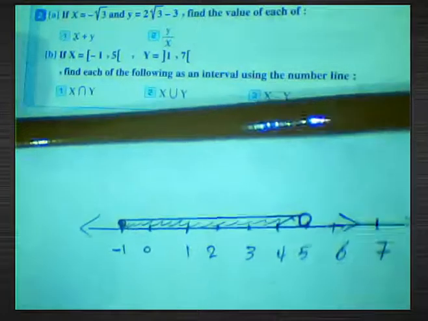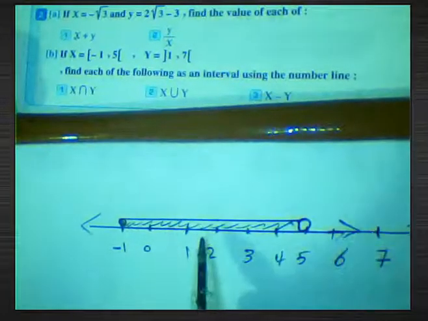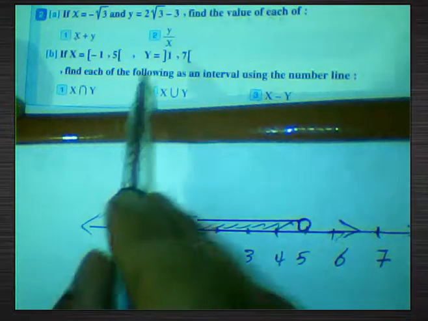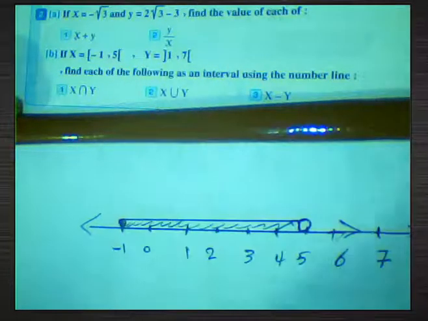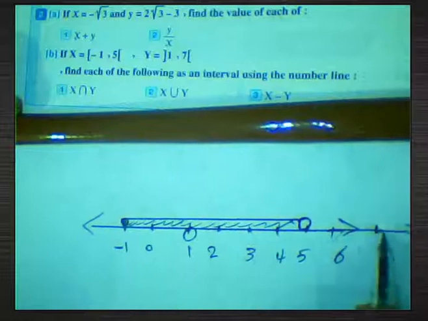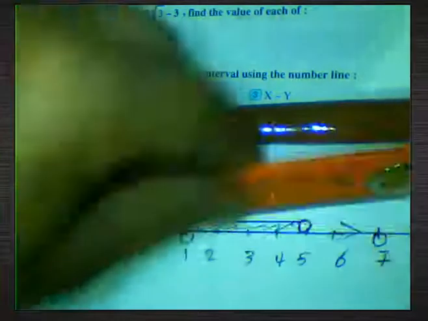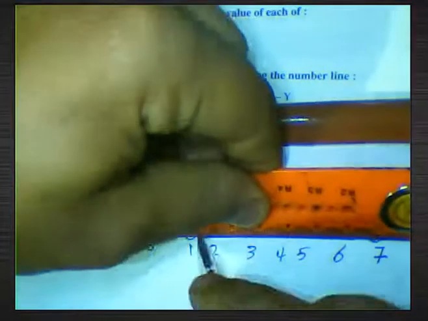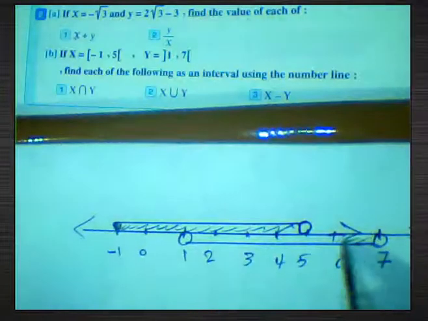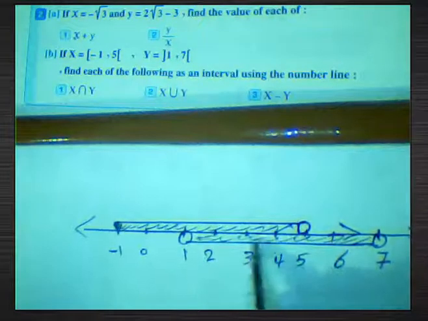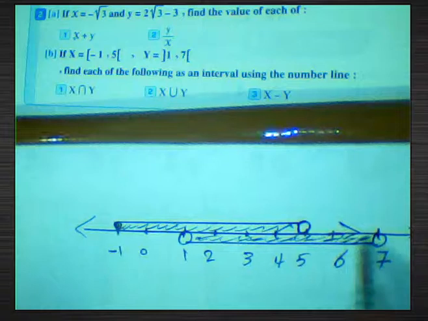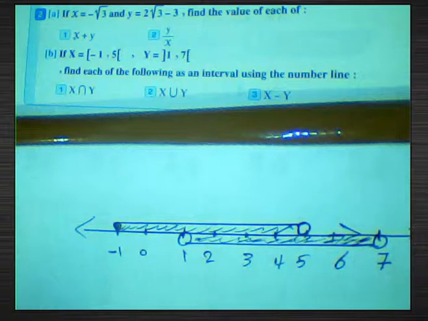It's the first interval. The second interval y from 1 and 7. It's an open interval from 1 and 7. It's easy for you. You must try it. Study hard with me. Okay, write after me. Are you finished? Okay, look with me.